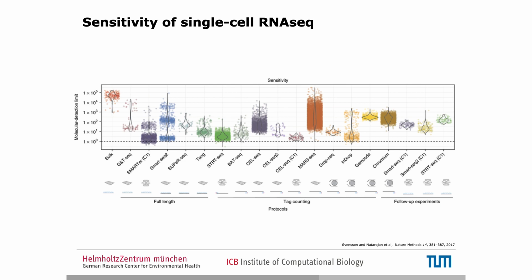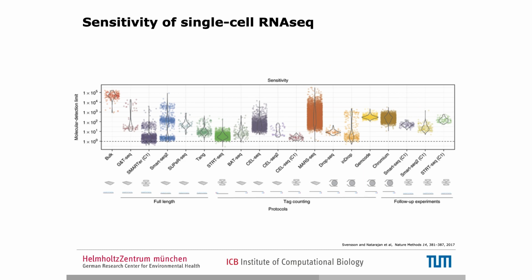These super sensitive methods, usually this is a SmartSeq protocol that's super sensitive, they only have few cells. We discussed that problem already before. Either you have high throughput protocols or you have low throughput protocols. SmartSeq is one that is super sensitive in contrast to Drop-seq, Chromium, 10x Genomics.